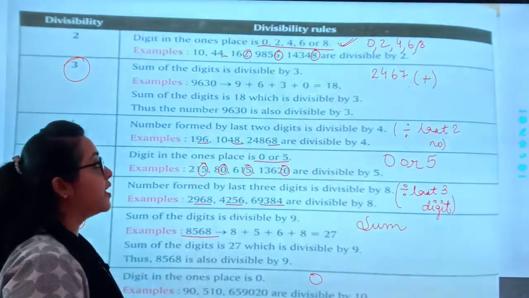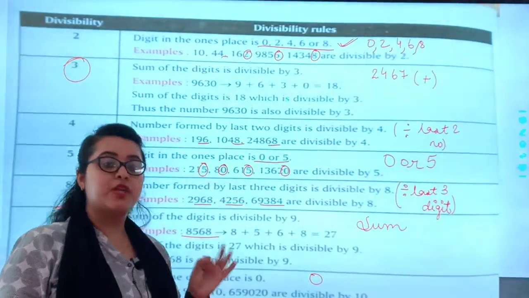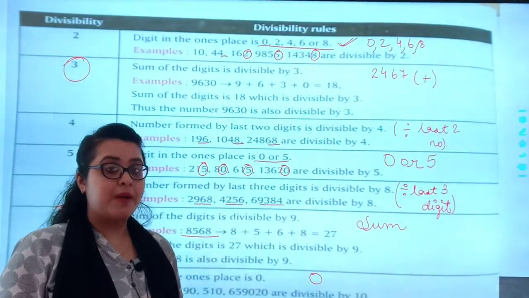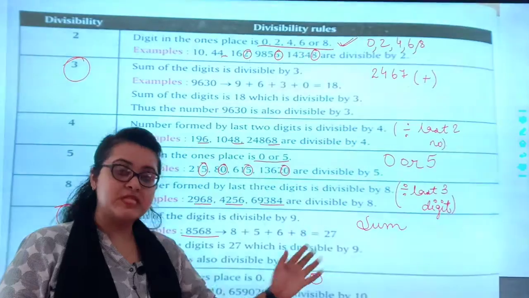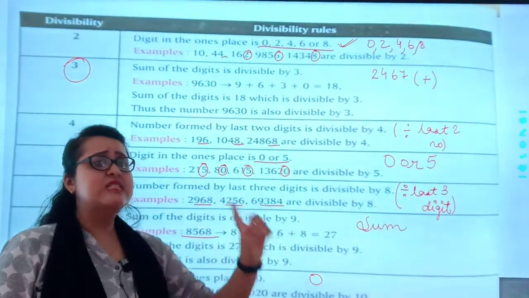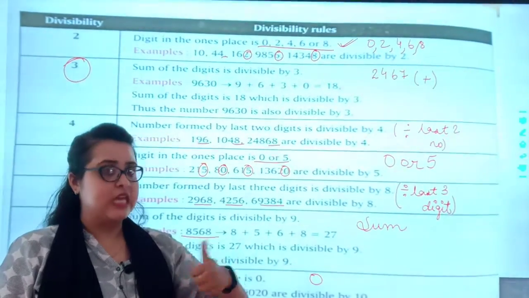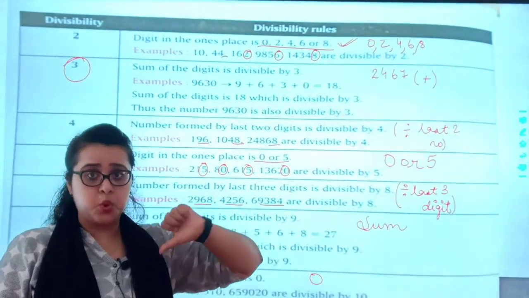Okay? Now if I want to check the given number is divisible by 3 or not, so what ma'am will do? Ma'am will add the numbers and see the result. If the result is divisible by the table of 3, then it is yes. If it is not, then no.